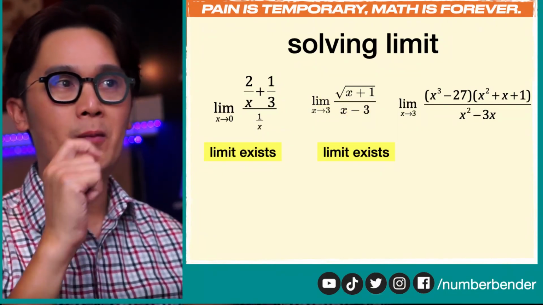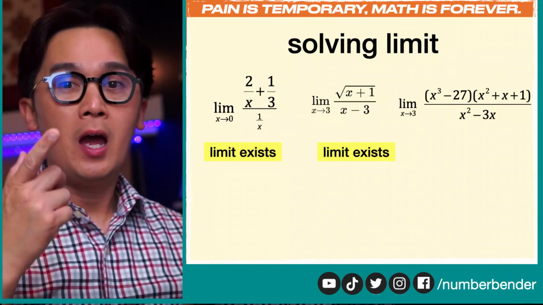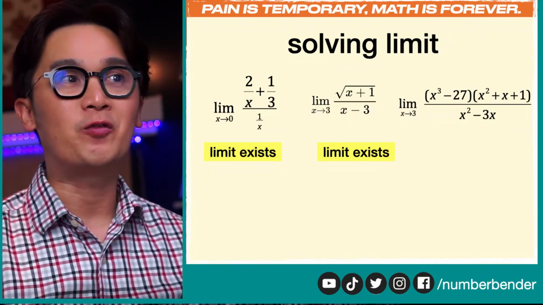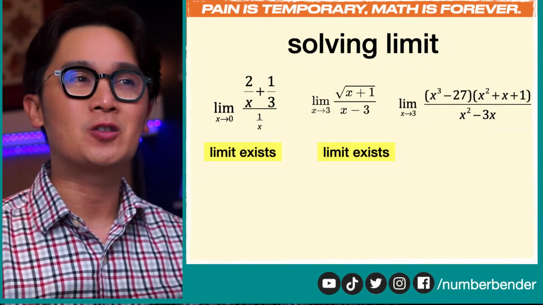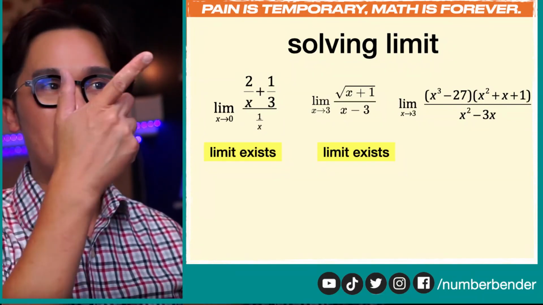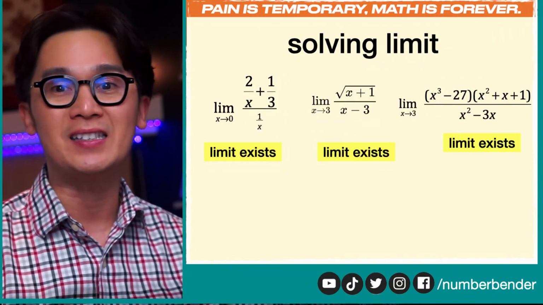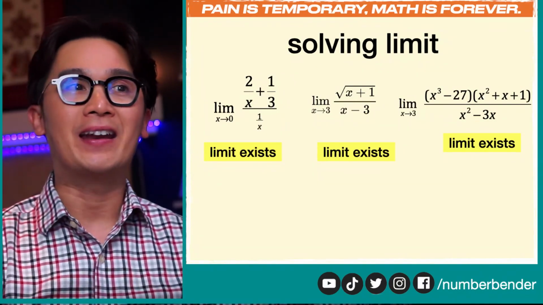In problem number 3, by substitution the denominator will turn into 0, but if we use our factoring technique, x squared minus 3x can be factored out, and the limit will exist and we'll be able to solve it analytically.